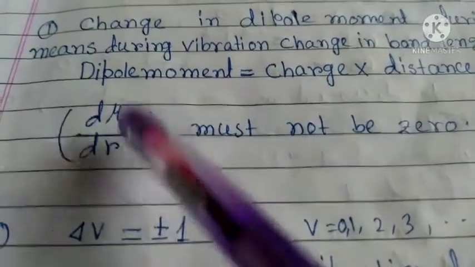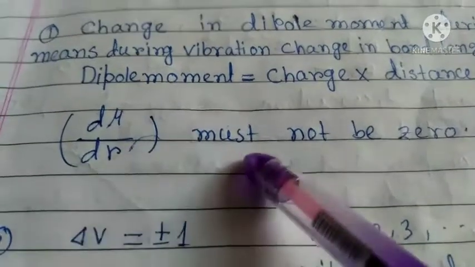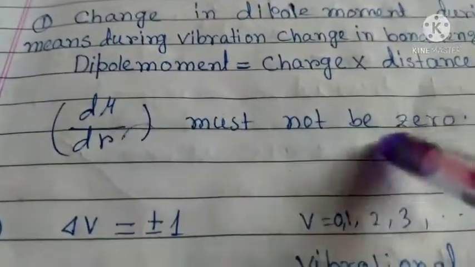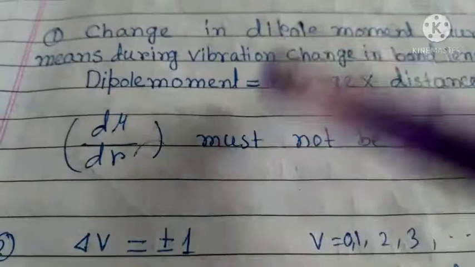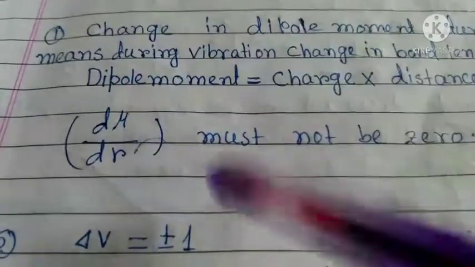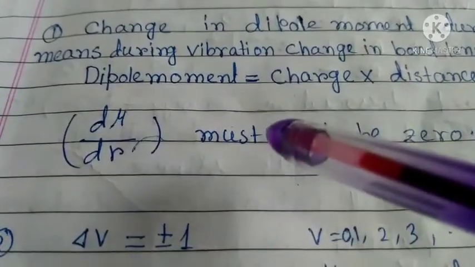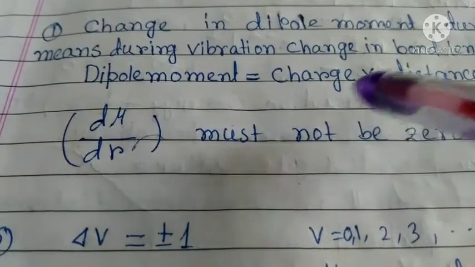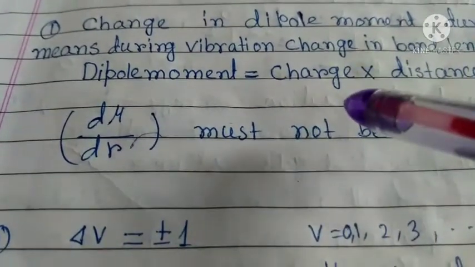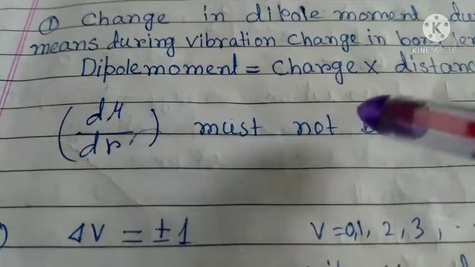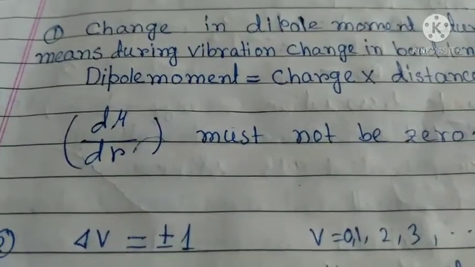So this value dμ/dr must not be 0, it should have some value. So the main condition for a molecule to be IR active is that there should be a change in the dipole moment during the vibration, so that we can get the IR spectrum of that molecule.